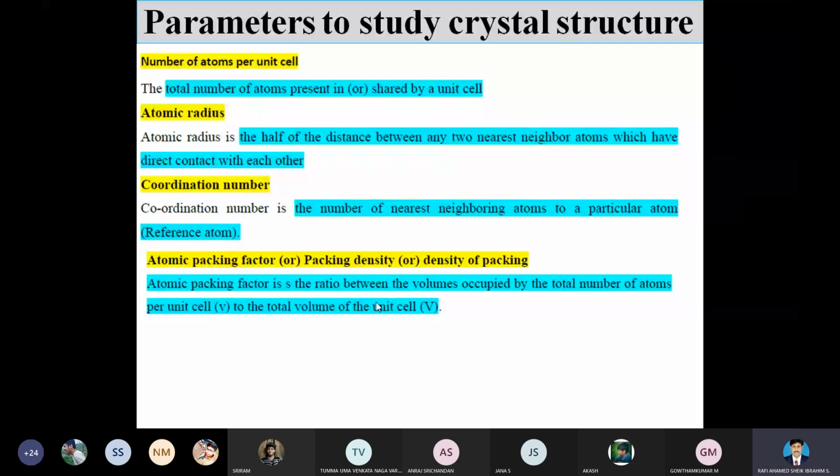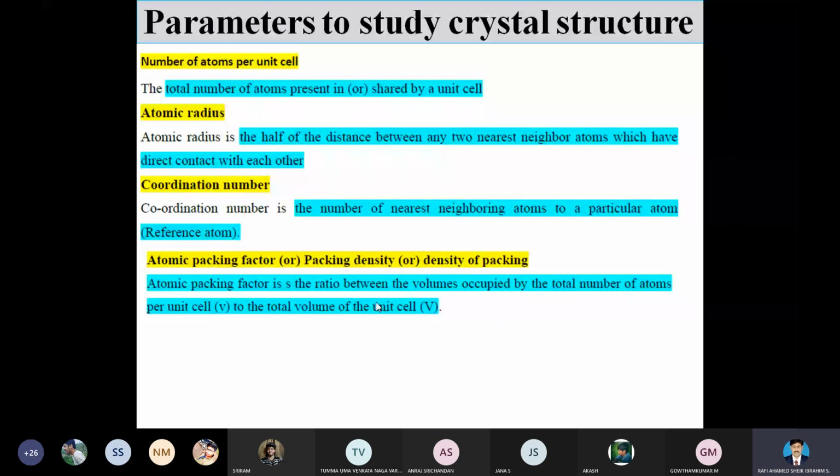For that reference atom, we have to search for the nearest neighbors, which are the atoms very close to that reference atom. What are the closest atoms to that particular reference atom? We are going to count that number and write it as the coordination number.